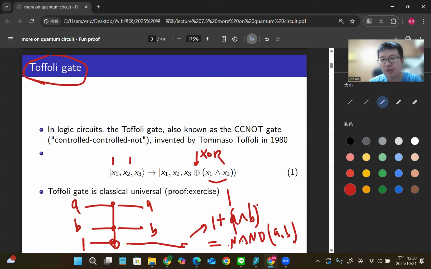This is easy to prove because you can use NAND to build AND, and then use NAND to build NOT and OR. So the Toffoli gate is a single 3-qubit gate, but it's classically universal.